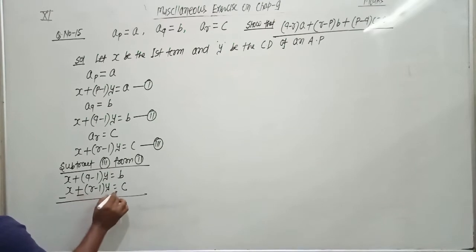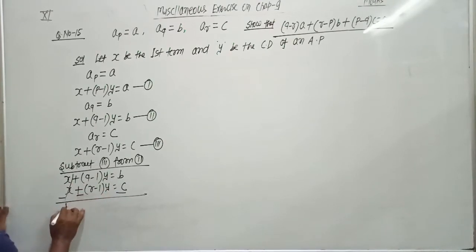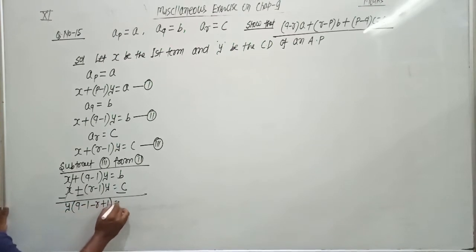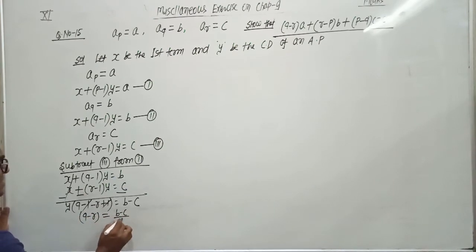Change the sign, x cancelled, y is taken common. So q minus 1 minus r plus 1 equals b minus c. Minus 1 plus 1 cancelled, and we get q minus r equals (b minus c) upon y.